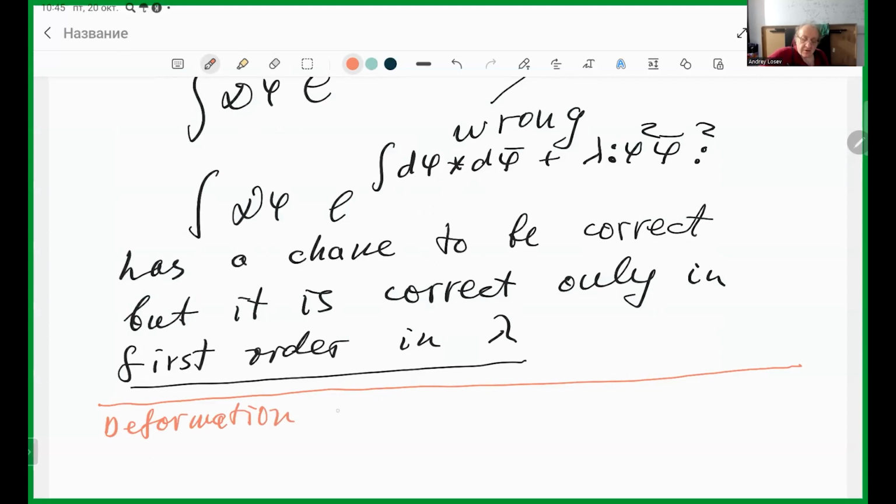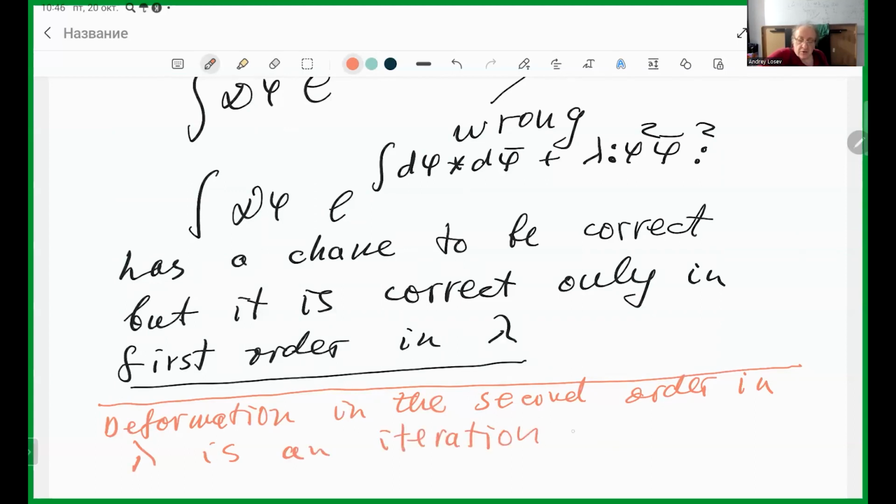Deformation in the second order in lambda is an iteration of the deformation in the first order.